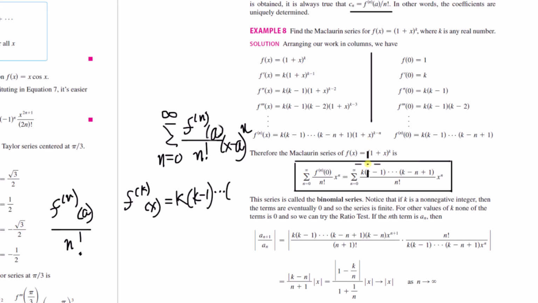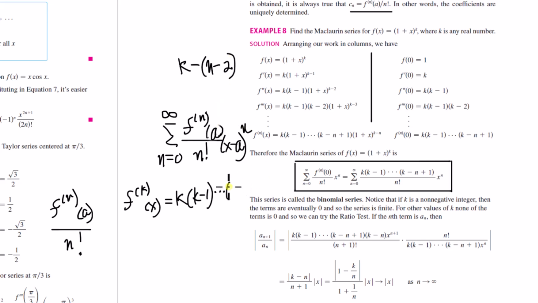So what's going to happen is you're going to go all the way to the last number that's not 1, which is going to be k minus n minus 2.